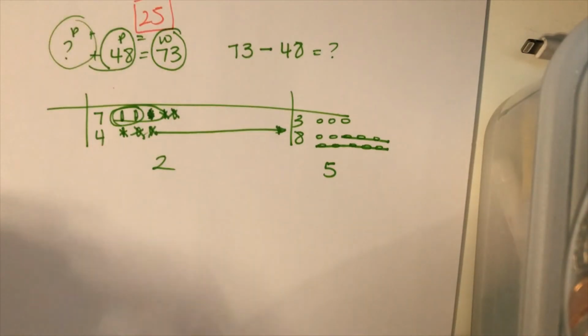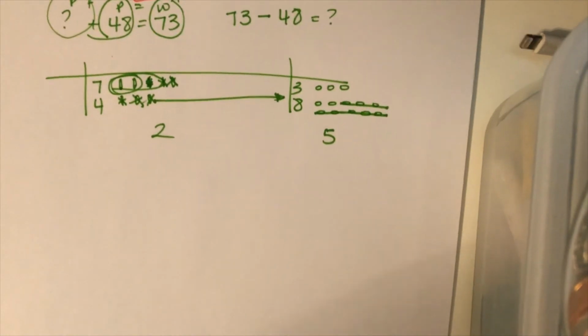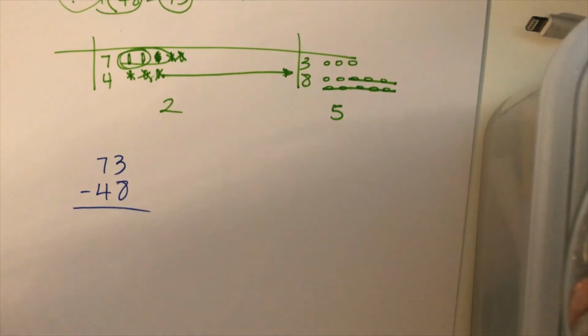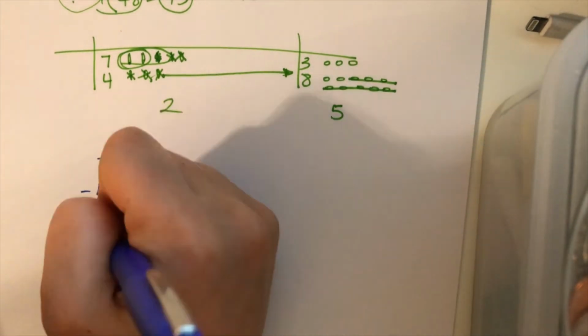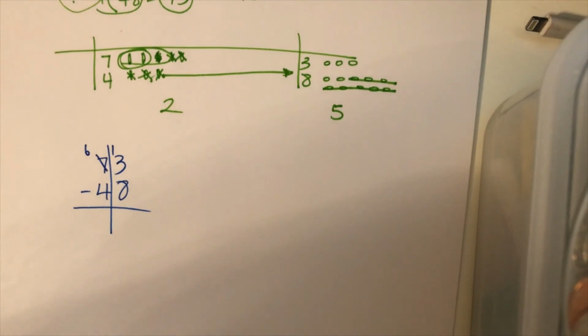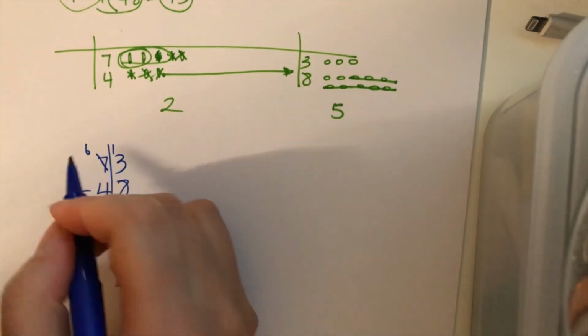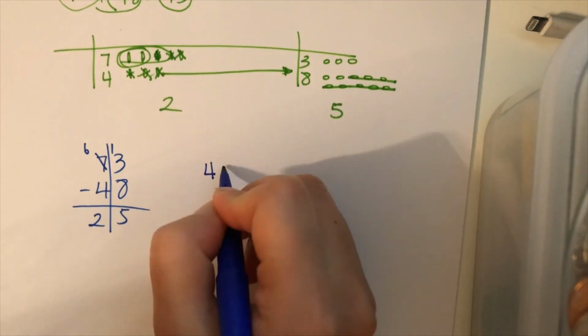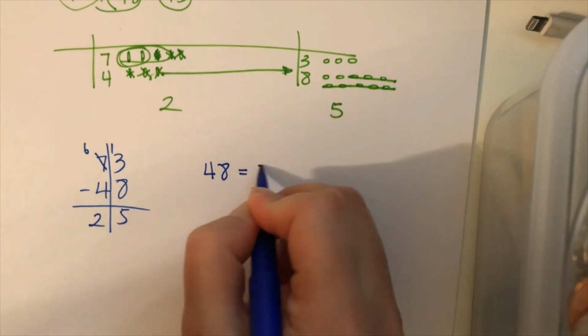And just to check it one last time, make sure you're safe, so that you can actually do your vertical now, because this is a check. 8, 5, and 2. If you're unsure of that, you can always plug it back in to your problem.